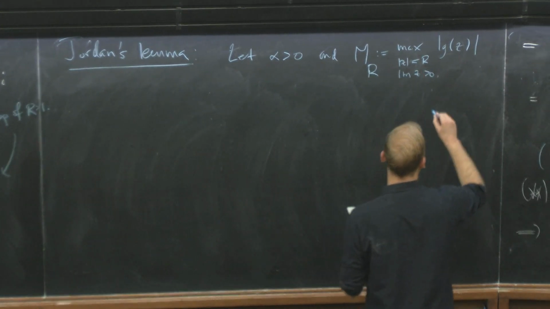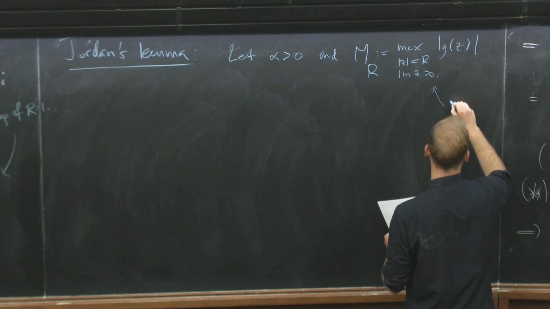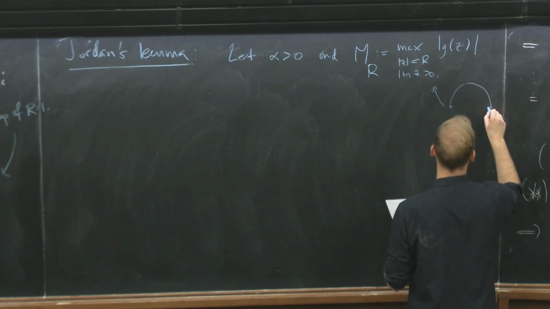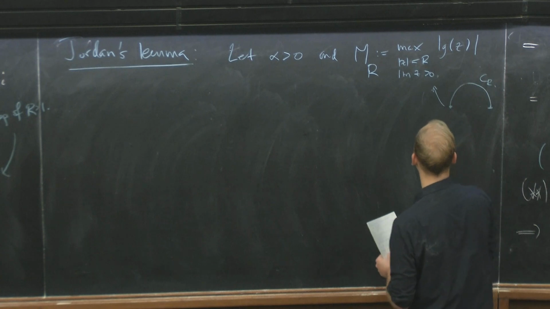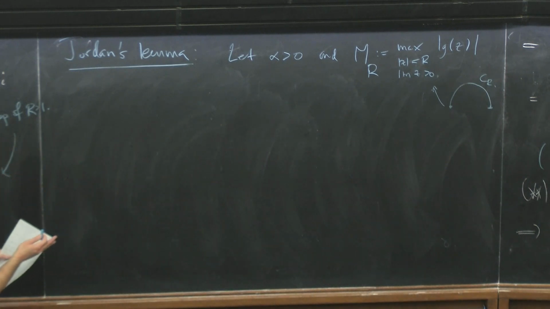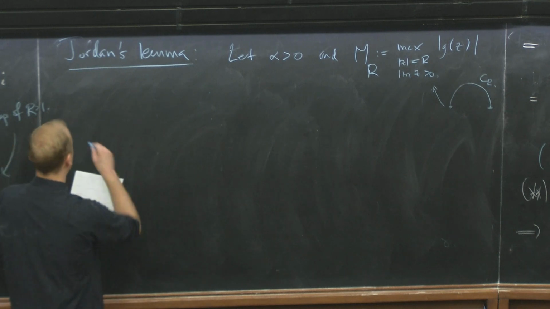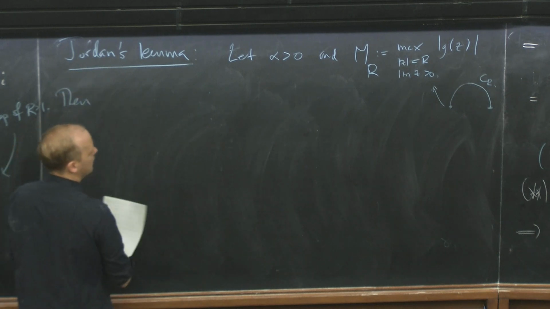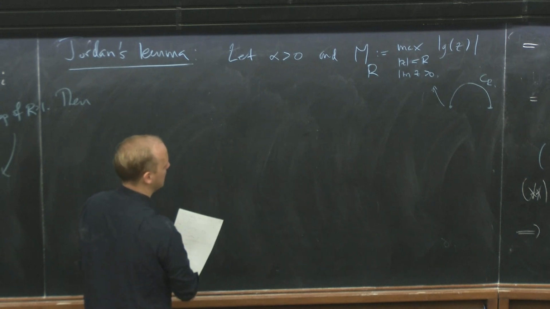So this means simply the maximum over C_R. You want the maximum of the absolute value of your function g, and assume that it's equal to MR.